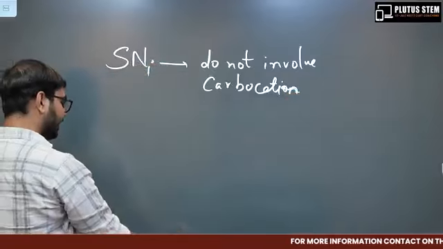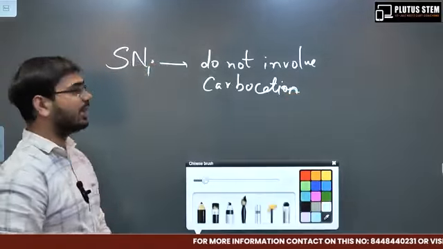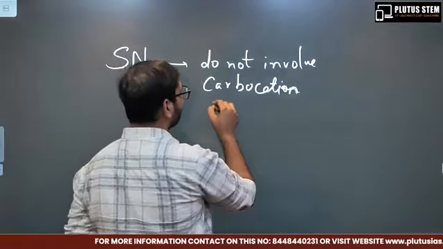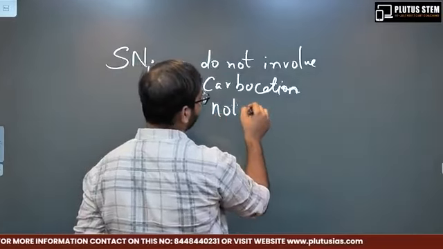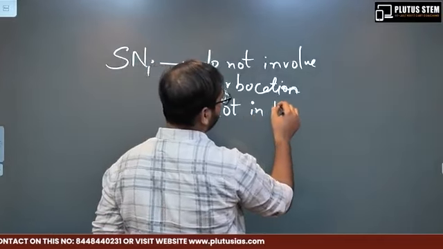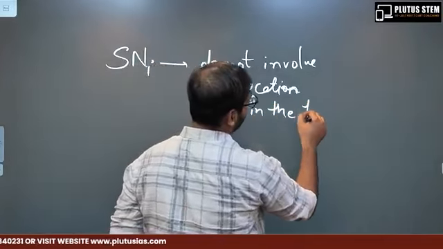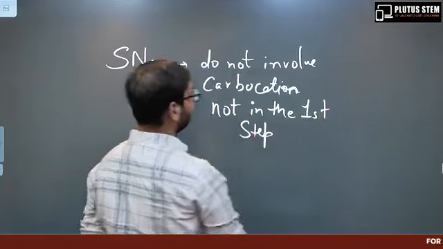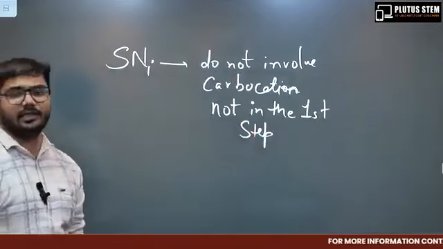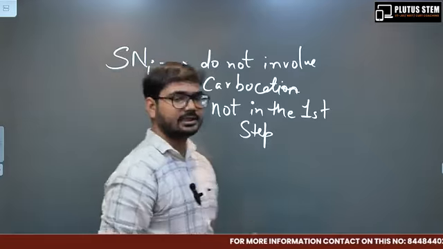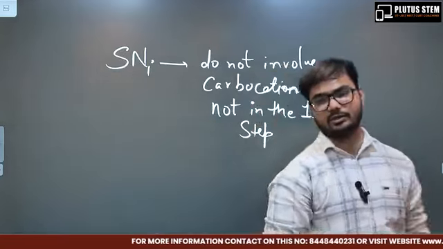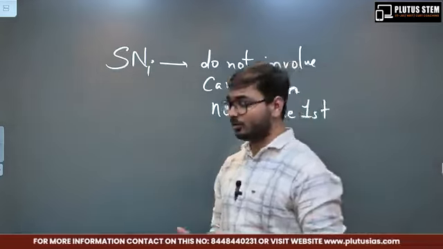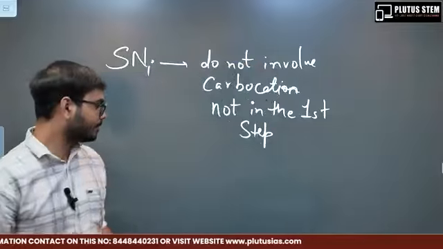The thing is that SNi reactions do involve carbocation, but not in the first step. There do exist some steps in which carbocation exists, but in the SN1 reaction the carbocation occurs in the very first step of the reaction, while in SNi it occurs close to the end of the reaction.